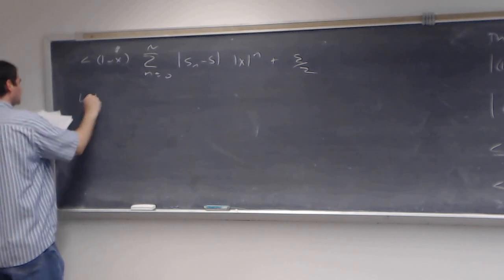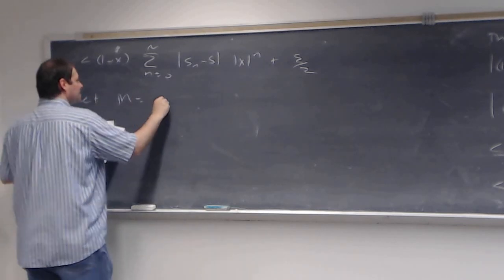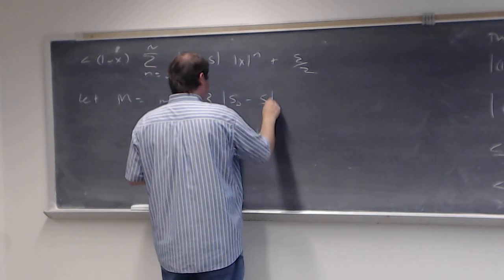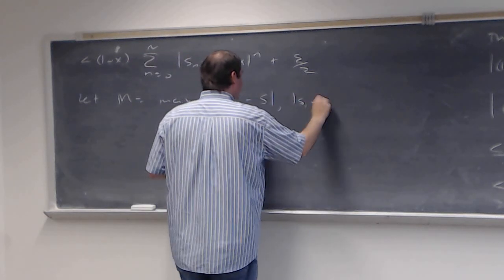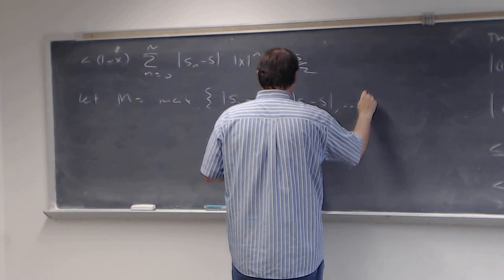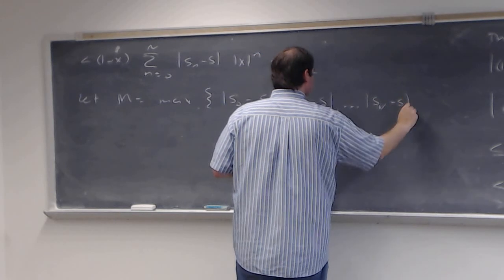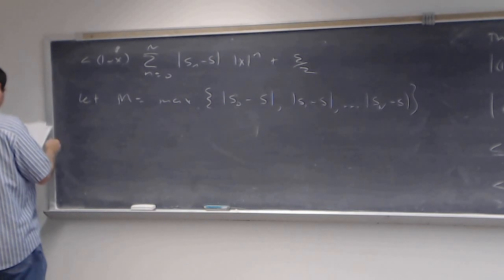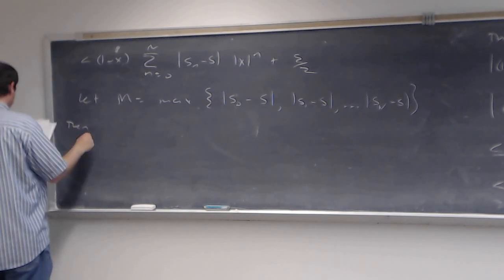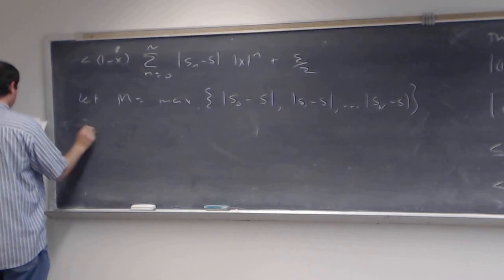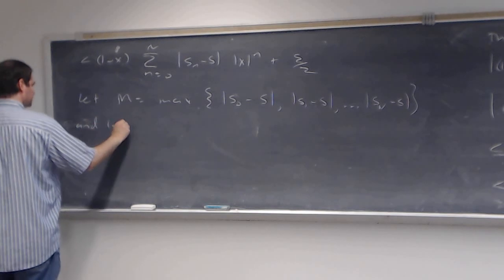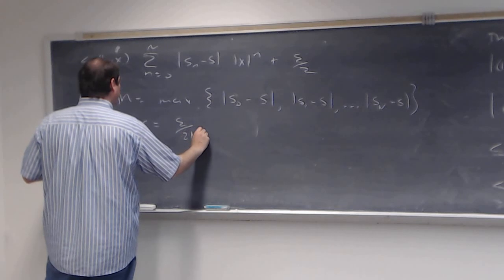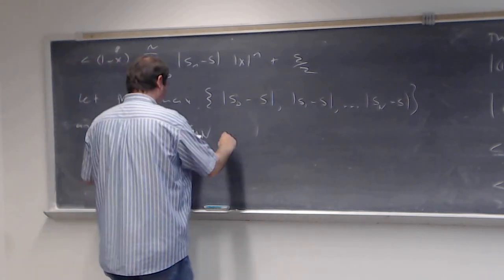Okay, if we let M equal the maximum of the absolute values of s of 0 minus s, s of 1 minus s, all the way up to s of big N minus s, and let delta be equal to epsilon over 2 times M times N at the bottom.